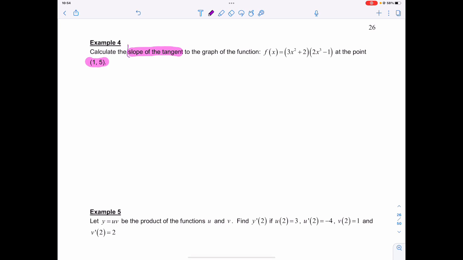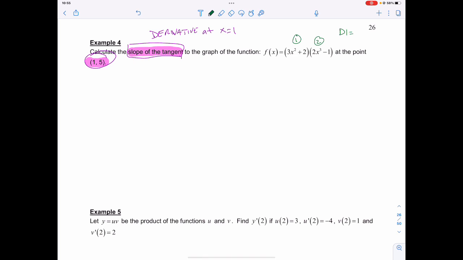Remembering that this is the derivative, and it told us the point it's at when x is equal to 1, as we can see from our coordinate over here. We can also see that we have factor 1, we have factor 2, which means that I can solve from that.